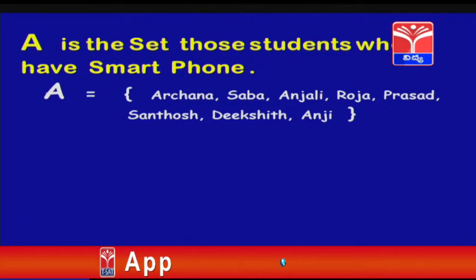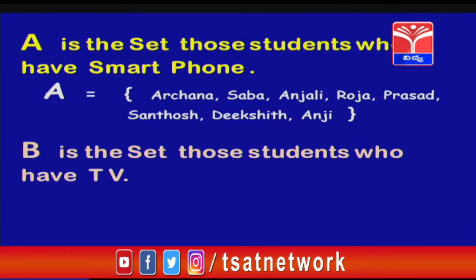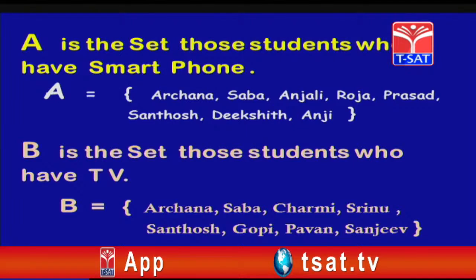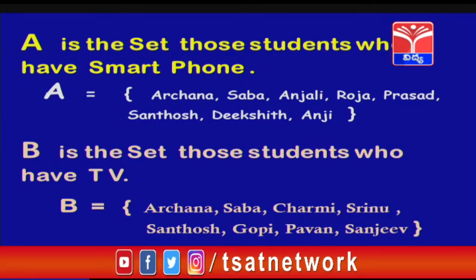In my class, set A is equal to Archana, Sabha, Anjali, Roja, Prasad, Santosh, Dikshita, Anji. These are having smartphones. B is the set of those students who have TV. B is Archana, Sabha, Charmi, Srinu, Santosh, Gopi, Pavan, Sanjeev.